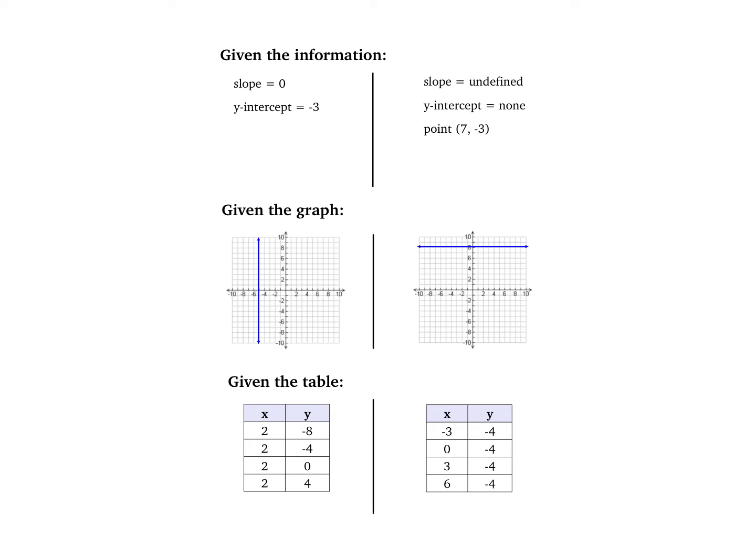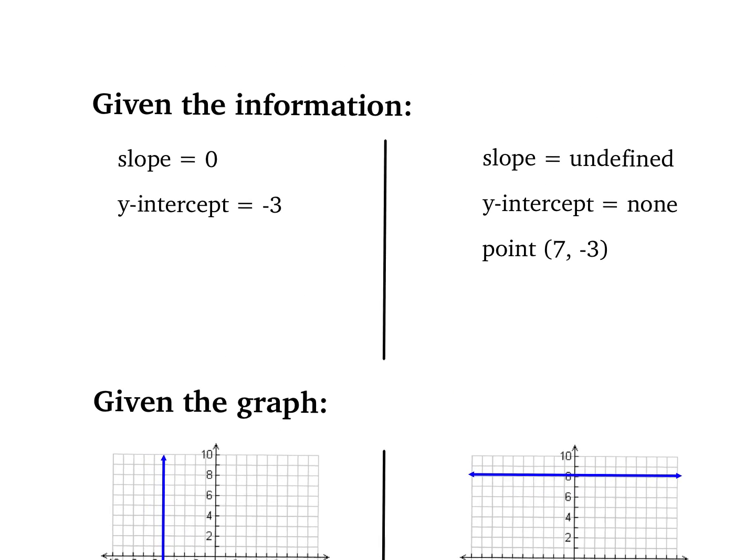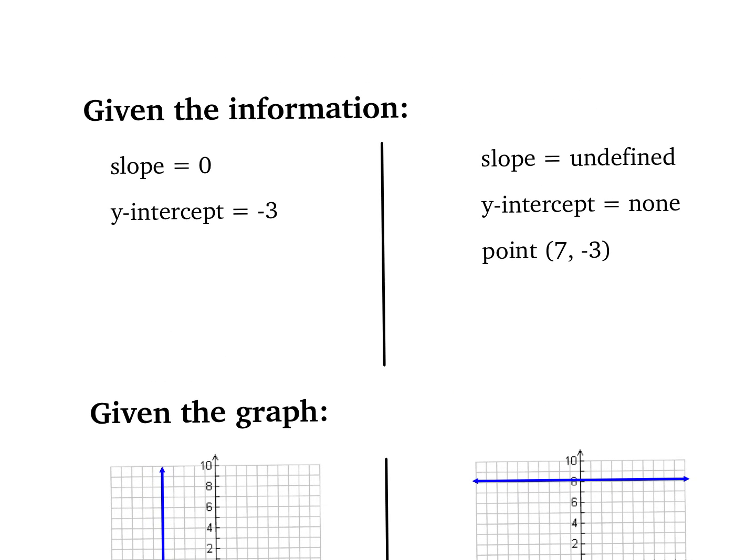So let's go through one more of each of these: if you're just given the slope and y-intercept, if you're given the graph, and finally, if you're given a table. Normally these are the easiest when you actually have a numerical value of slope. If it's 0 or undefined, it gets a little tricky. So first thing I like to think of if I see a 0 slope, again, is going back to that HOY, 0 slope, to help me remember that it's y equals a number.